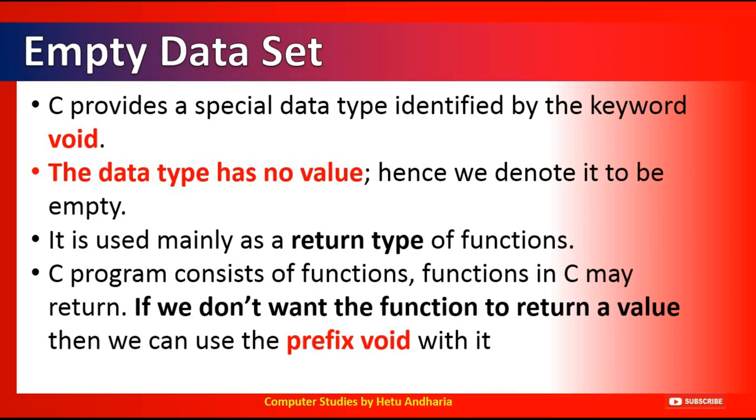A C program consists of functions, and functions in C may return a value. If we don't want the function to return a value, then we can use the prefix void with it. Now I hope that you have not understood anything, so I will explain. If you look at the practical given in the textbook, before main they may have used the keyword int, integer main.